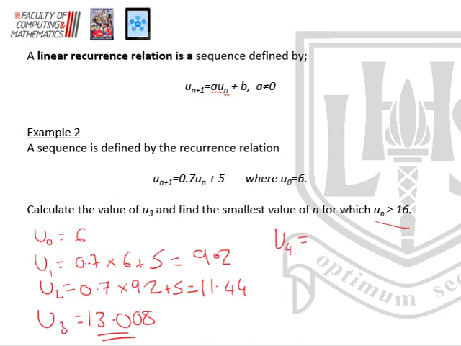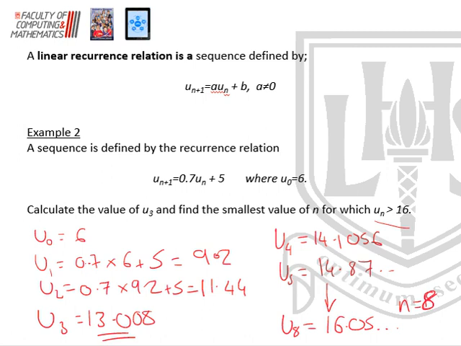When you run through that, U6 and U7 are still under 16. So U8 is the first one that goes above 16, at 16.05. So n is equal to 8 for the smallest value that goes over 16.